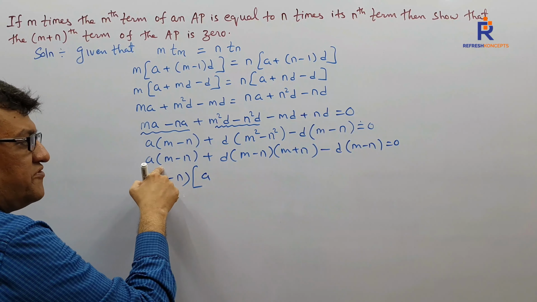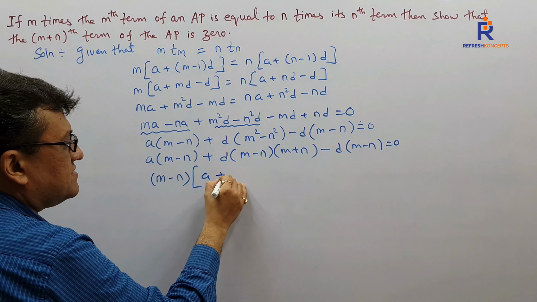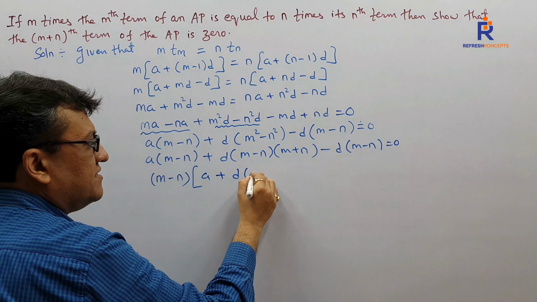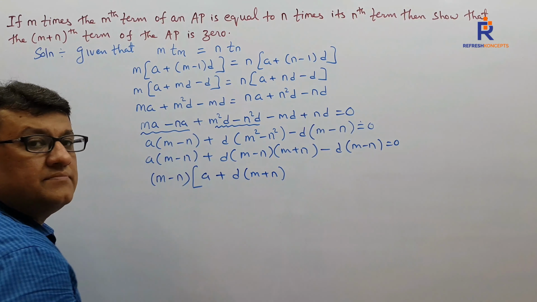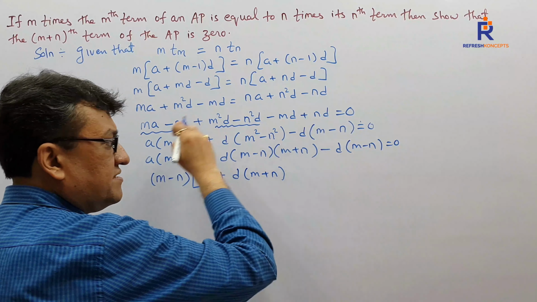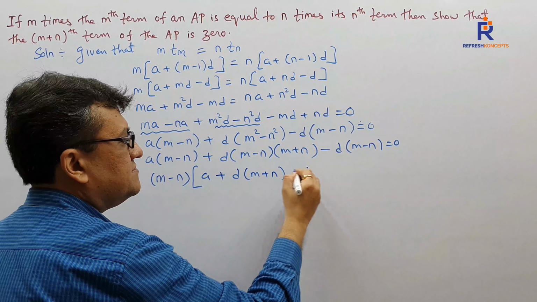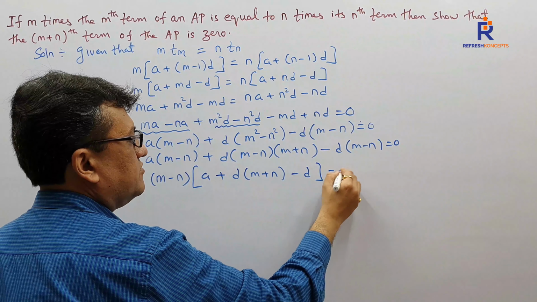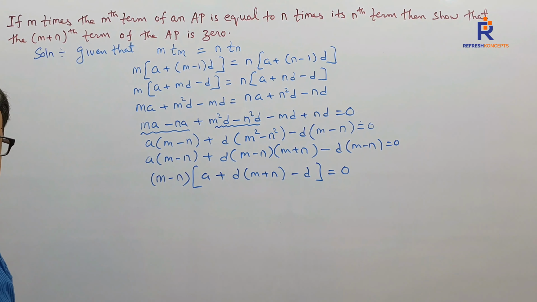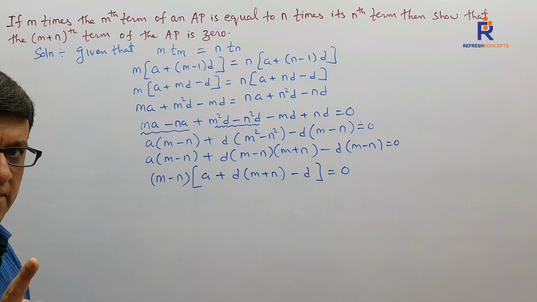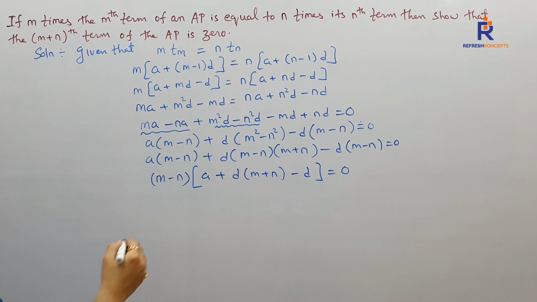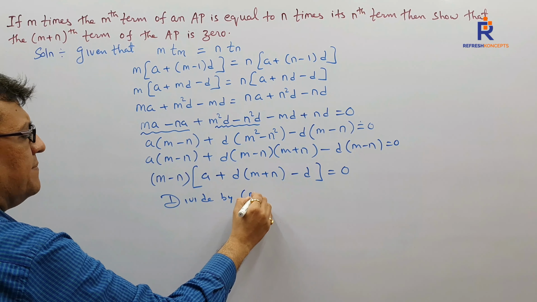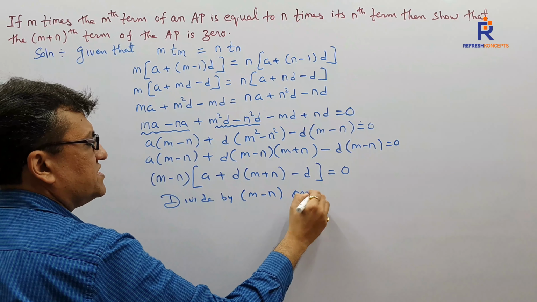a from the first term is left plus d, m minus n is already outside, so I'm left with m plus n. I'm left with minus d because m minus n is outside, equals to 0. Right? What next?